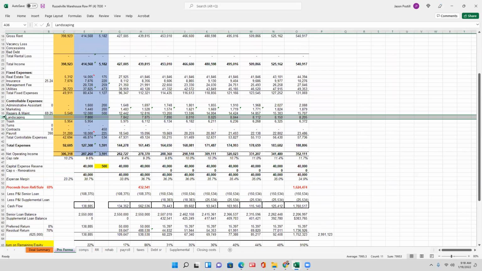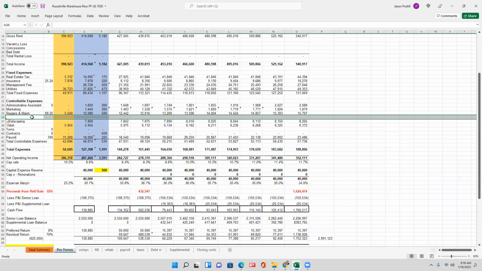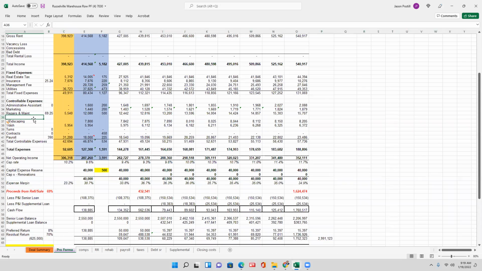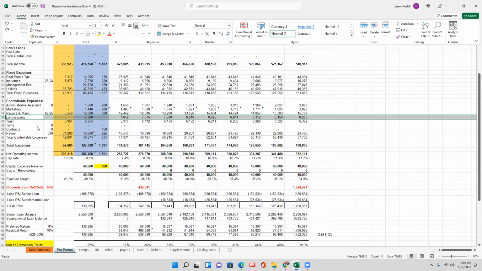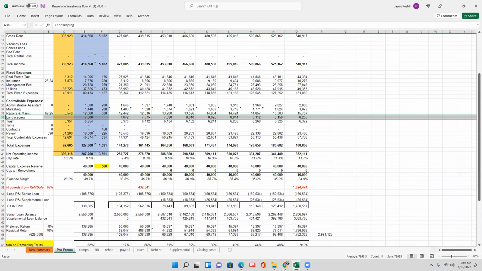Whatever, if it's controllable, right click and insert, and you'll pop open whatever it is. You come across something, maybe there's separate gas expenses, or something of that nature. So we'll go over another one, but hope that was helpful.